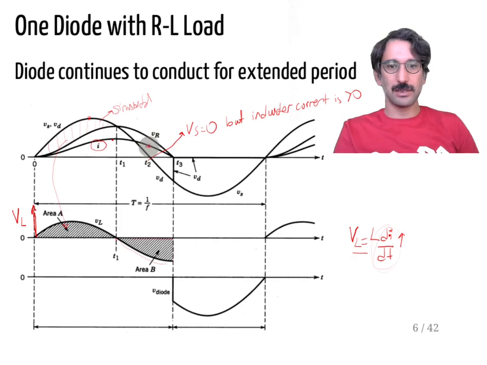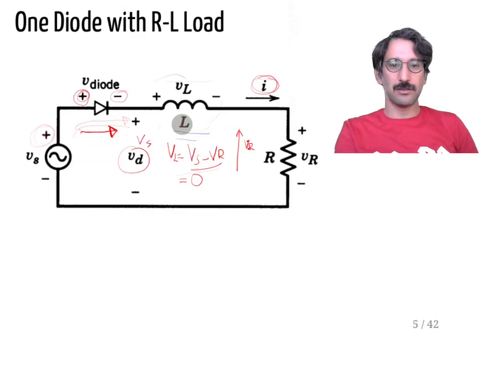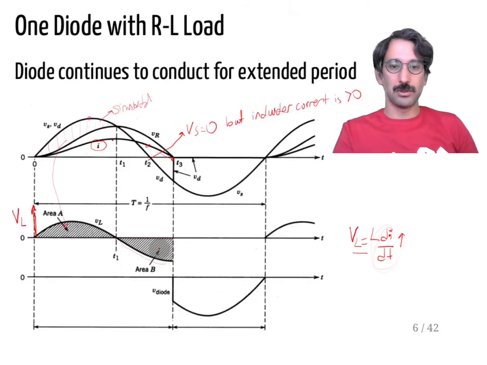So that means it will keep conducting until when? Until the inductor current reaches 0, because once it reaches 0, then it would like to go back in that direction, but now we have the diode, then it will cut off at that instant. So the diode will get out of conduction when the current reaches 0 and would like to flow in the opposite direction. So the question is, when do we have the inductor current 0?